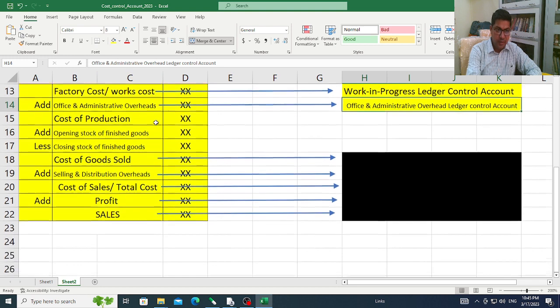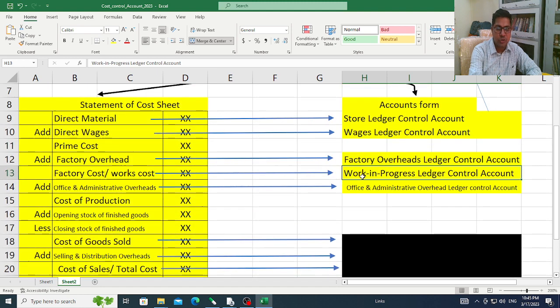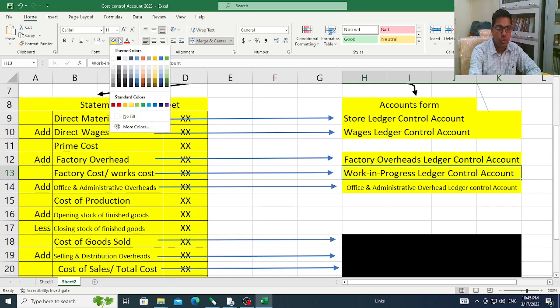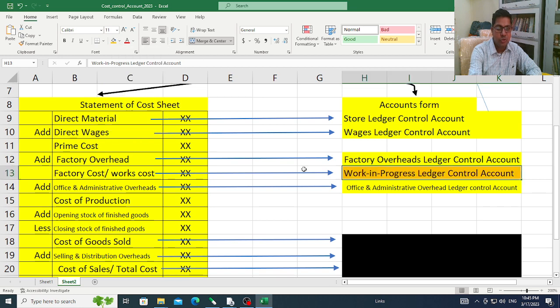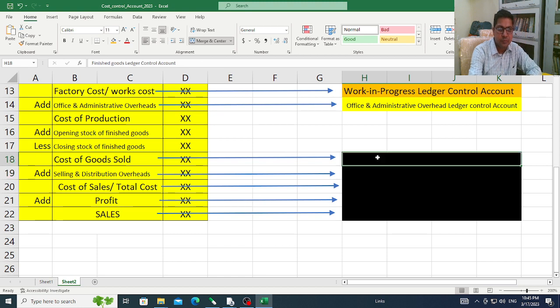Then after that, they will not prepare any opening stock of finished goods or closing stock of finished goods. They directly prepare the cost of goods sold. Now, for cost of goods sold, what ledger will they prepare?